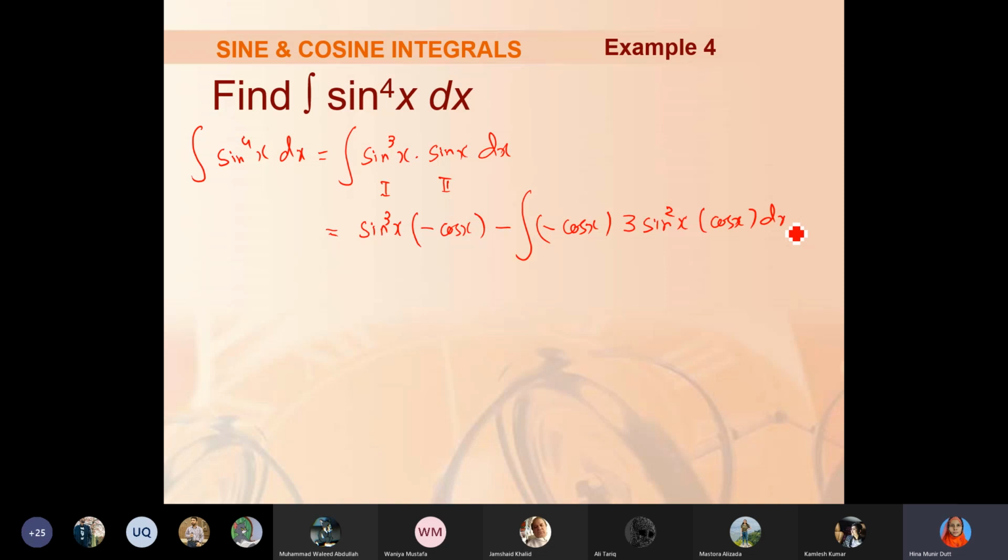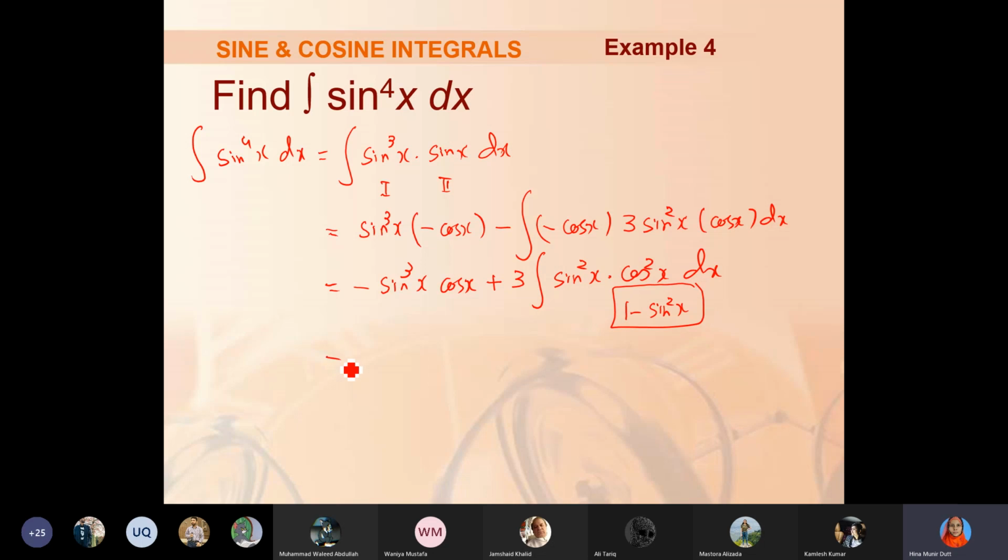Now the next step is to simplify this expression. It becomes minus sine cube x cos x plus 3 times the integral of sine square x cos square x dx. Now I can convert cos square x into sine square x using the identity 1 minus sine square x.